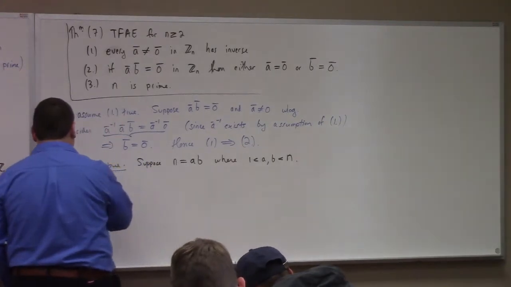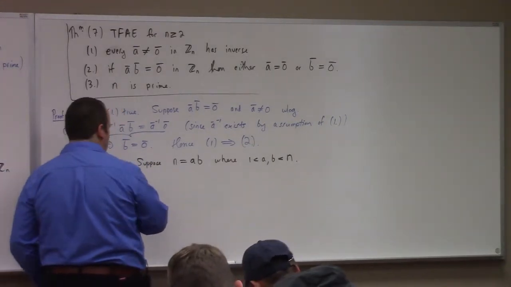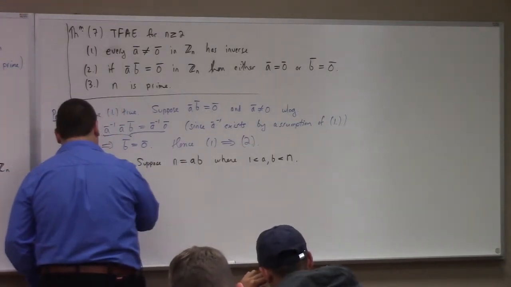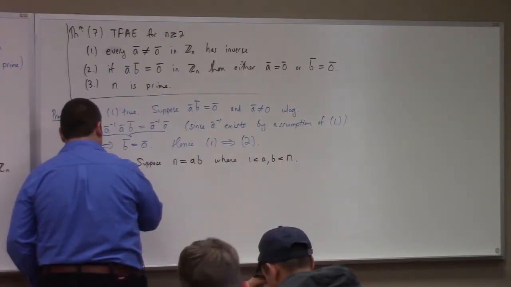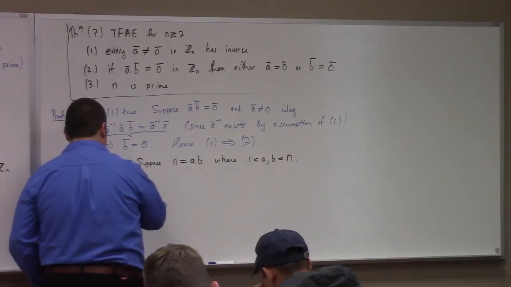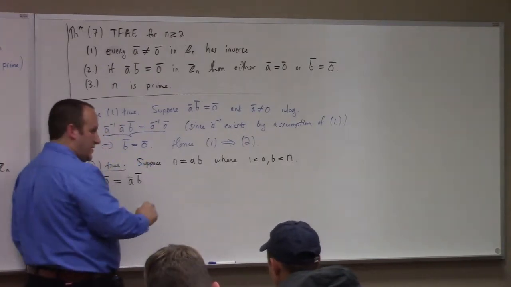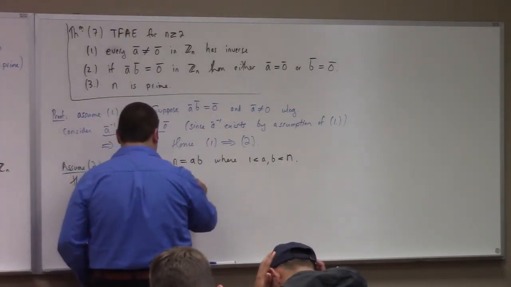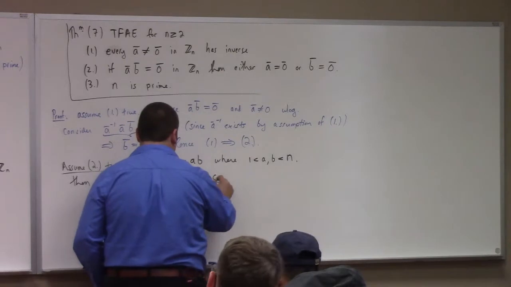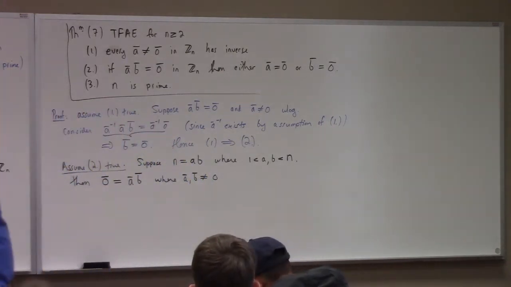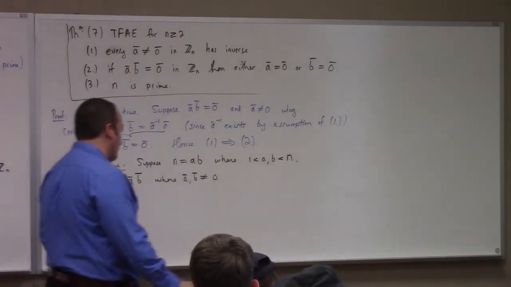Then what's that say? That says that 0 bar is equal to A bar, B bar, where A bar, B bar are not equal to 0. What does that do? Violates 2. That contradicts our assumption of 2.